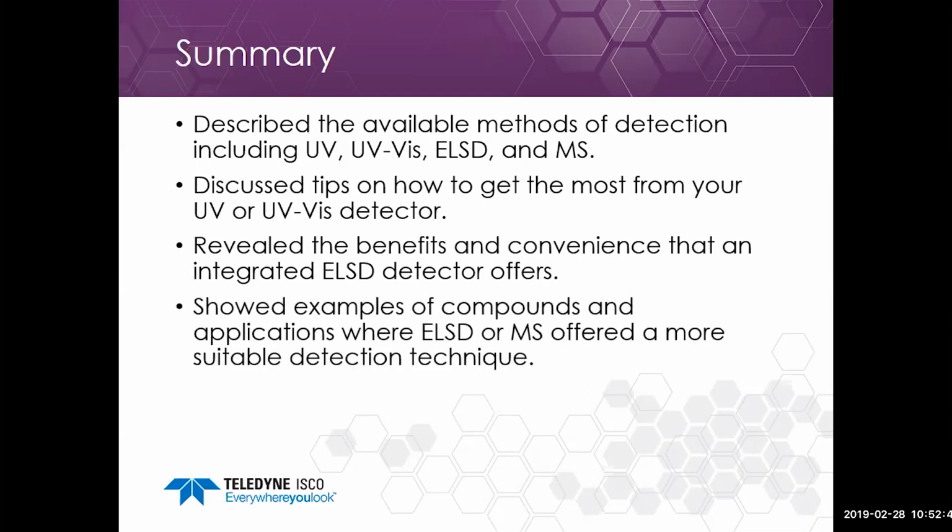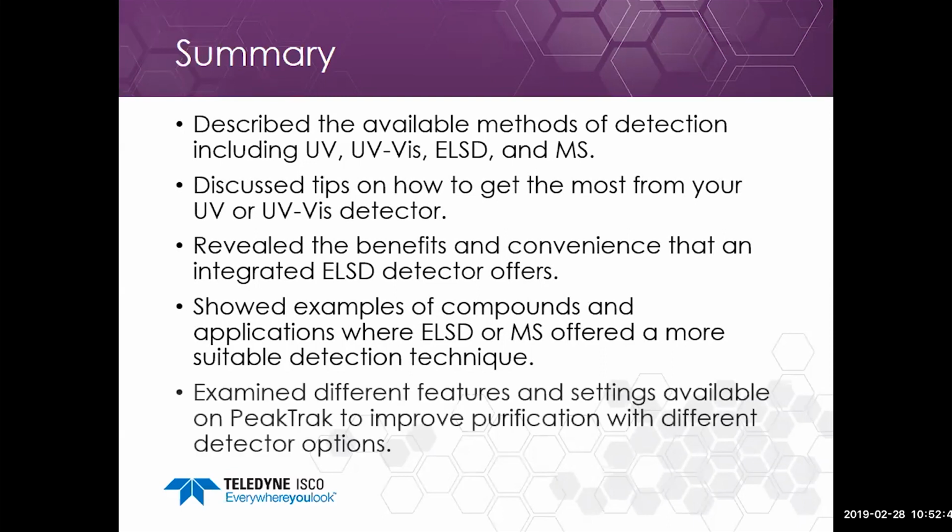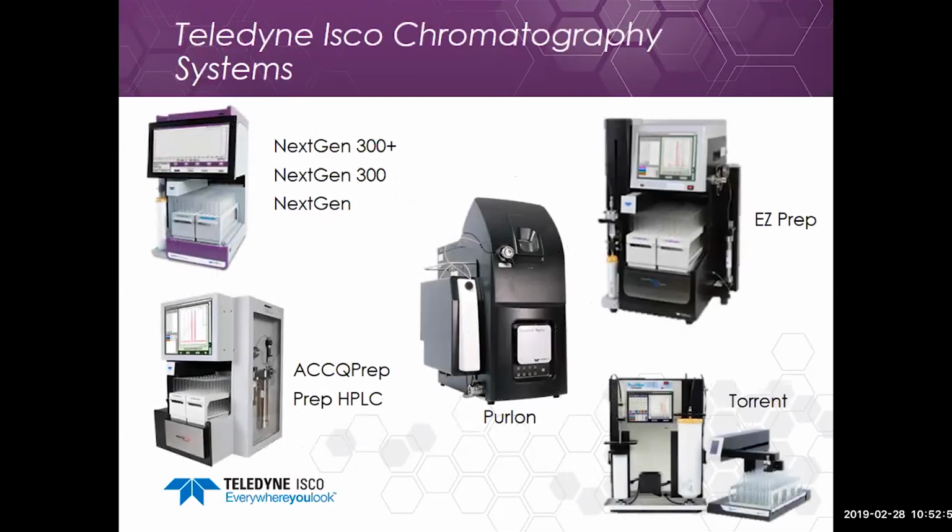We showed examples of compounds and applications where ELSD or mass spec offered a more suitable detection technique. And finally, we examined some different features and settings available on PeakTrak to improve purification with different detector options.